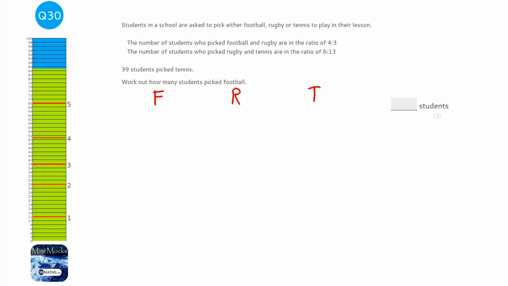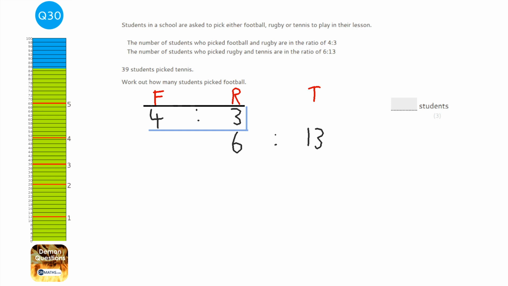So football to rugby is 4-3, and rugby to tennis is 6-13. So these 2 ratios here are kind of incompatible at the moment. Got this one here, which is linking the football and the rugby, and we've got this one here which is linking the rugby and the tennis.